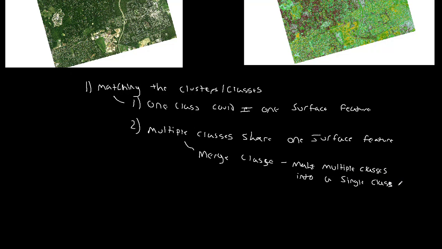Okay. And then the third option is we have multiple surface features in a single class.